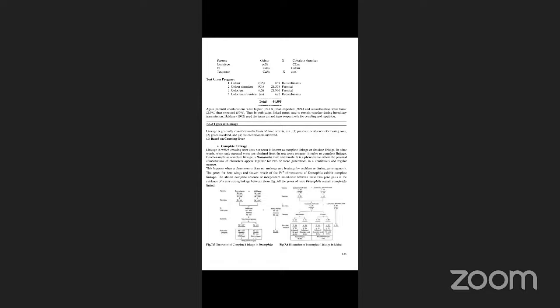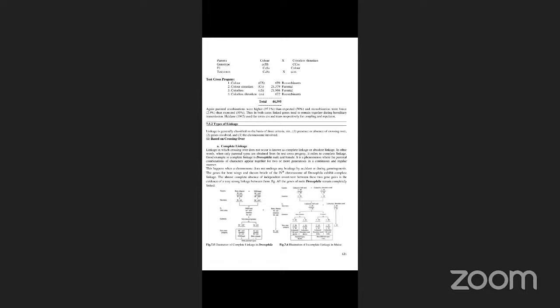The genes for bent wings and shaven bristle, present on the fourth chromosome of Drosophila, exhibit complete linkage. The almost complete absence of independent assortment between these two gene pairs is evidence of very strong linkage. All the genes of male Drosophila remain in complete linkage.